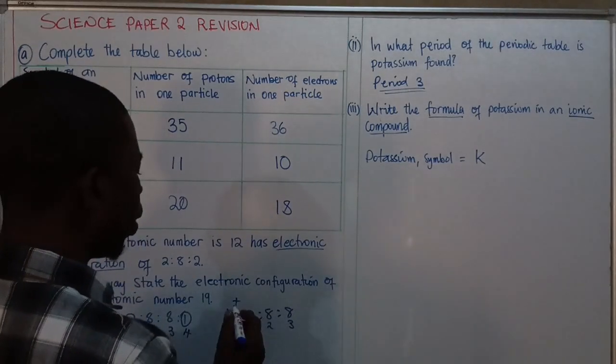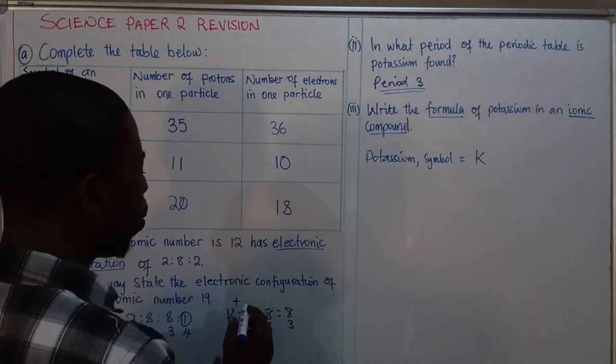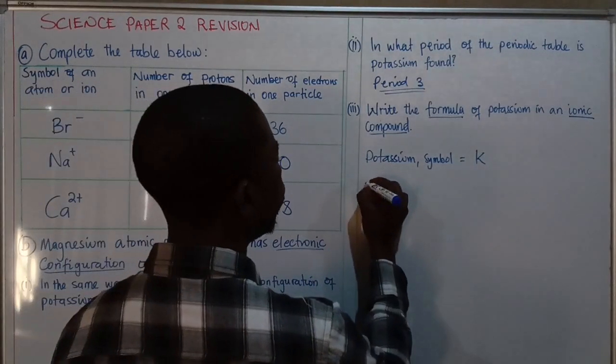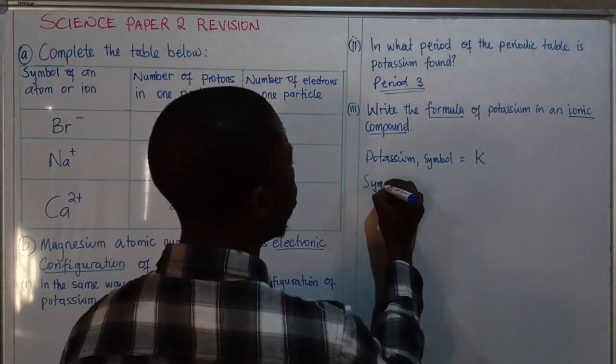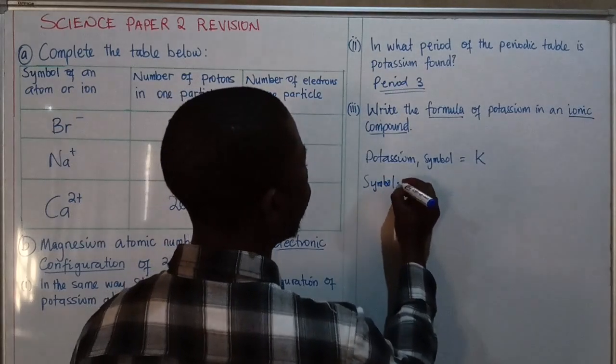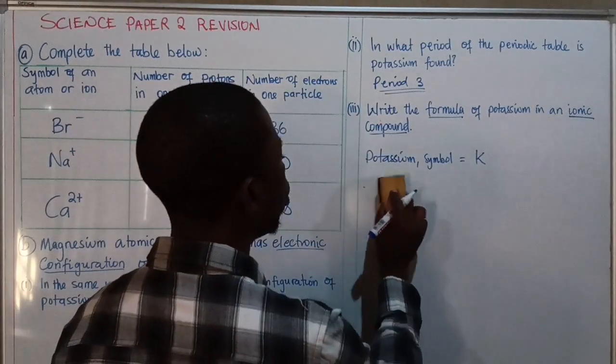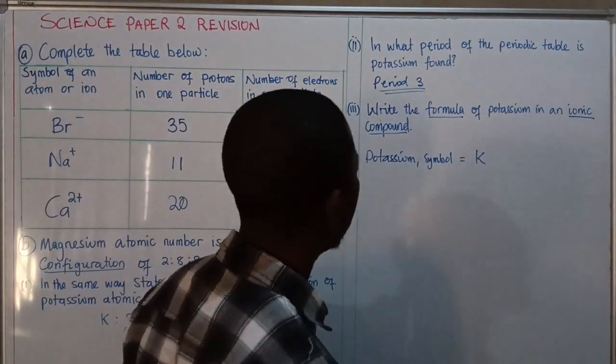So if they want the symbol for potassium in a compound, let's write symbol or formula. They have used the word formula, so we'll follow the same.